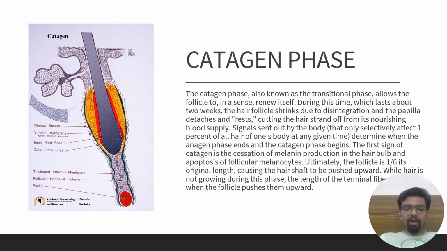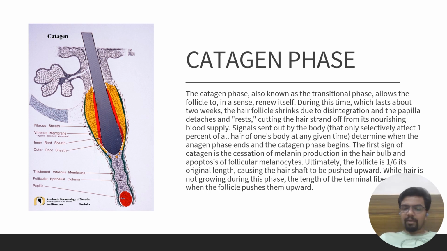Now we will talk about the catagen phase, where the growth of the hair follicle begins to cease. Here is also a scientific diagram, so we can see the difference from the previous diagram, where there is a thickened vitreous membrane and also a thickened follicular epithelial column, and there is a detachment of the dermal papilla from the hair follicle.